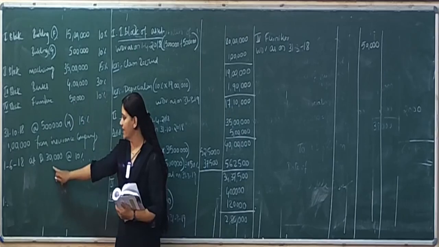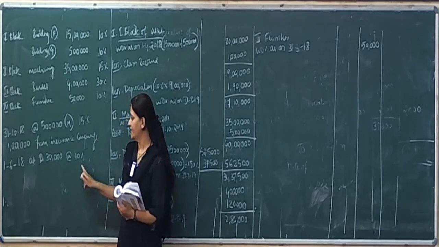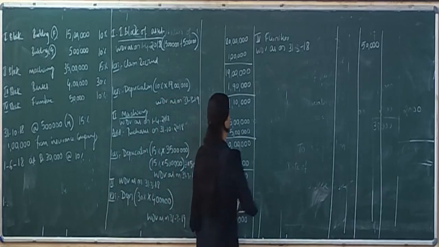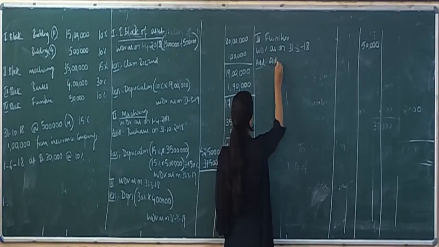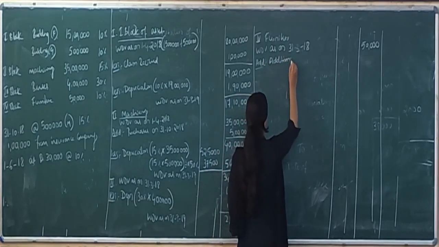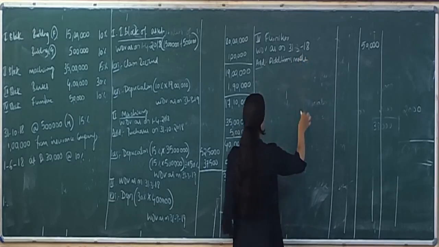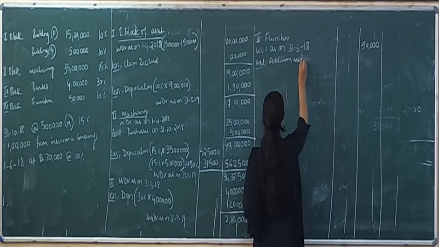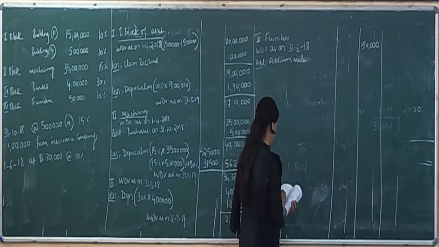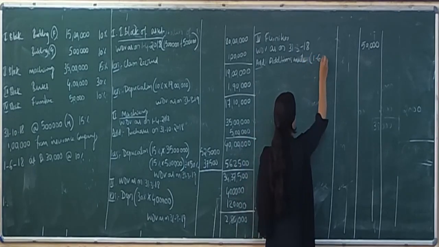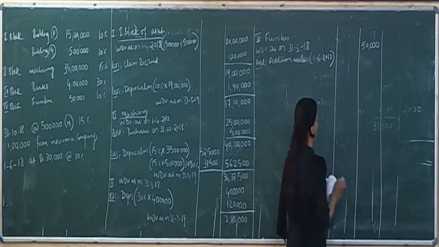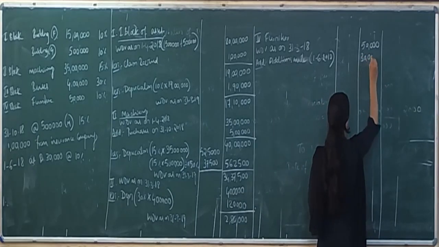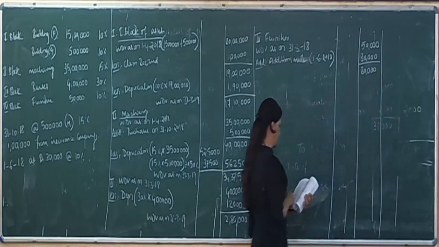So now, do we have any purchases being made on this? Yes, on 1st June 2018, 30,000 was purchased at 10% rate of depreciation. So now here, additions made. Additions was made on 1st June. Okay, so that comes to 30,000. So we can add, 80,000.